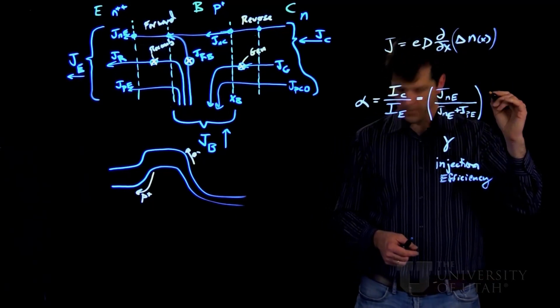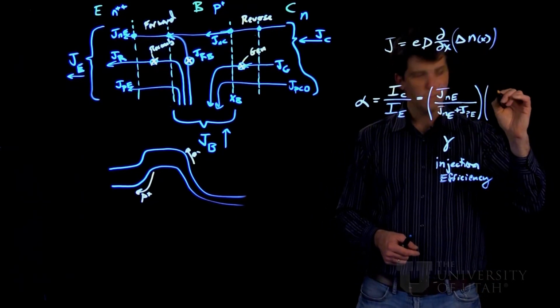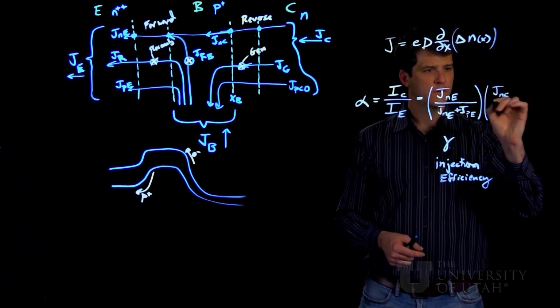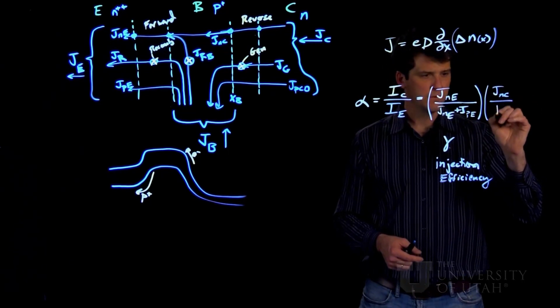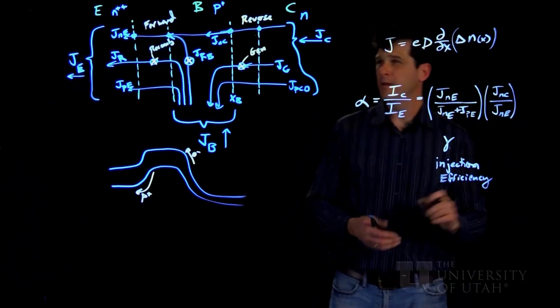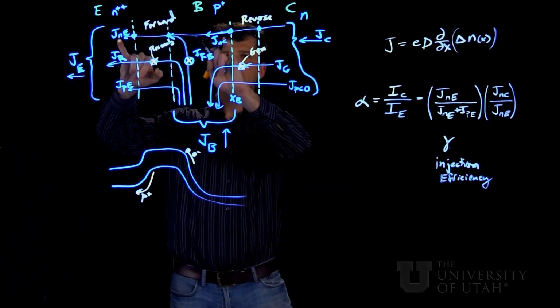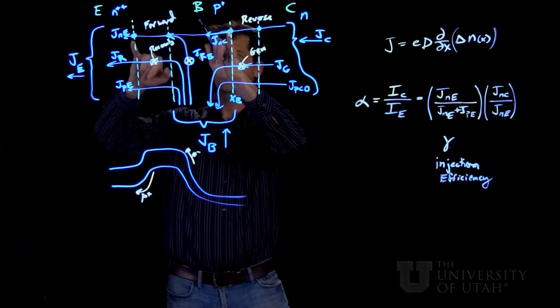Now the next term we have to multiply by is JNC over JNE. Okay, and if we look here, this is this current that starts there and ends up there.